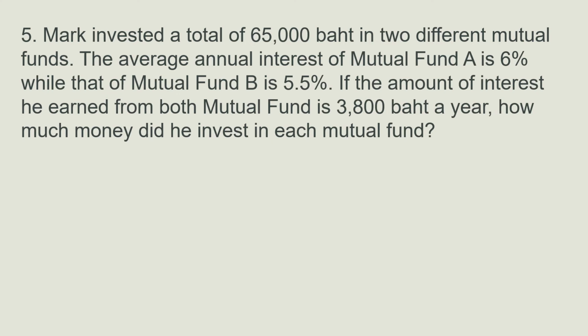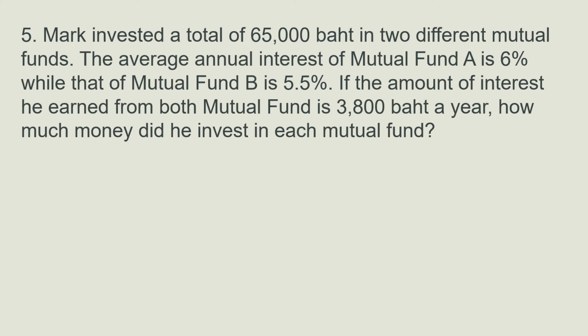Okay, let's have the last one. Mark invested a total of 65,000 baht in two different mutual funds. The average annual interest of mutual fund A is 6%, while that of mutual fund B is 5.5%.